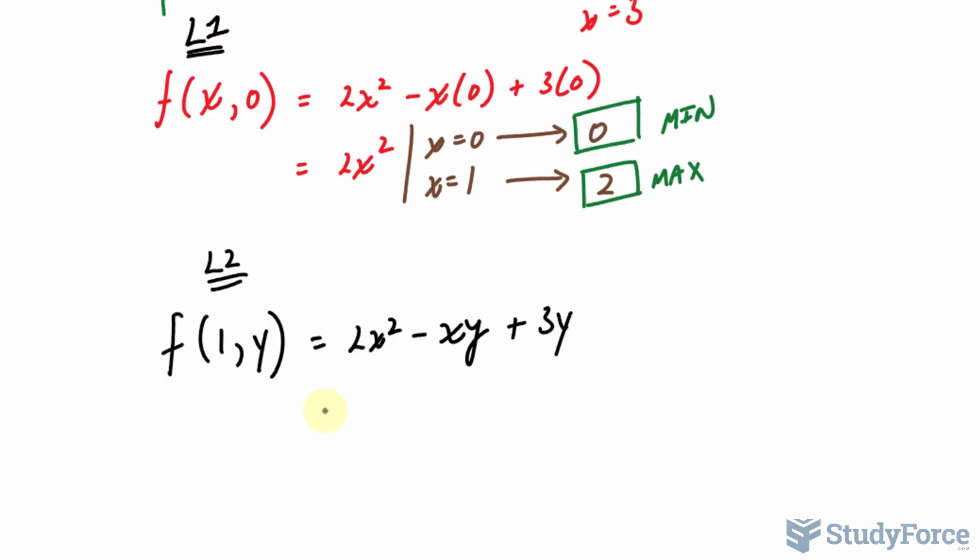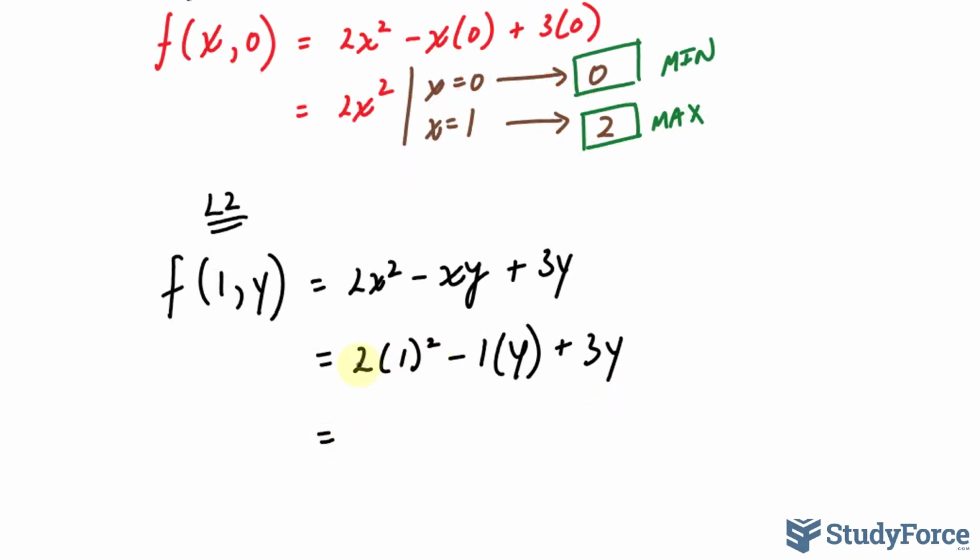Substituting 1 and y where we see an x and a y respectively: 2 times 1 squared minus 1 times y plus 3 times y. This leads us to this becoming 2 minus y plus 3y.